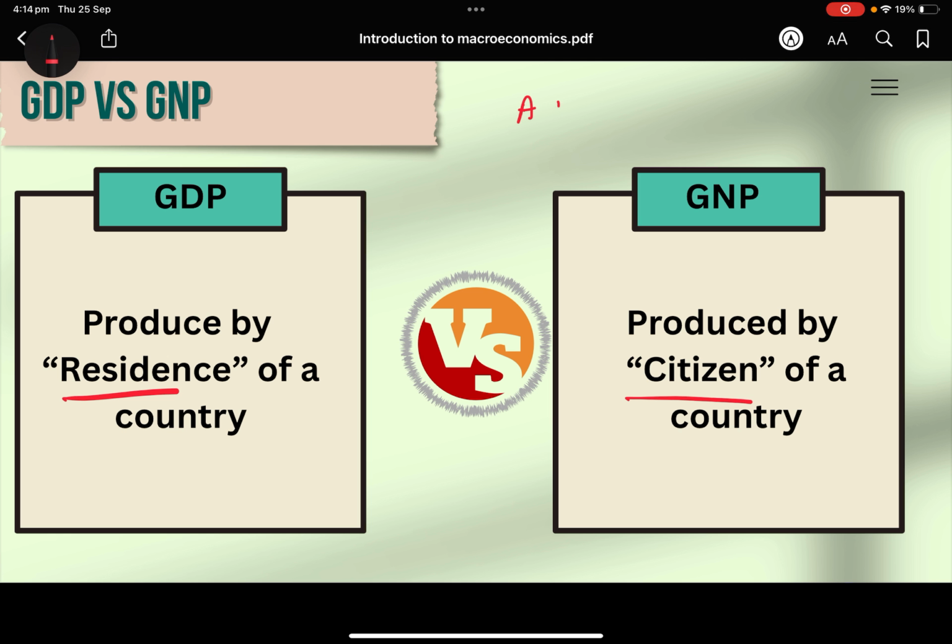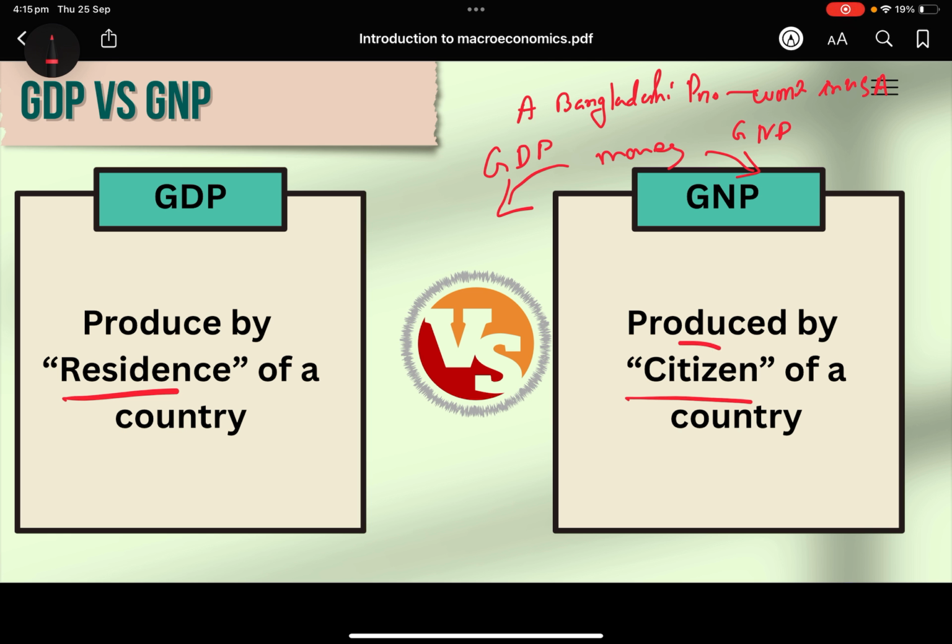Take the example that a Bangladeshi professor works in the USA and he is earning a lot of money there, right? So the money will be GDP and GNP. GDP for whom and GNP for which country?